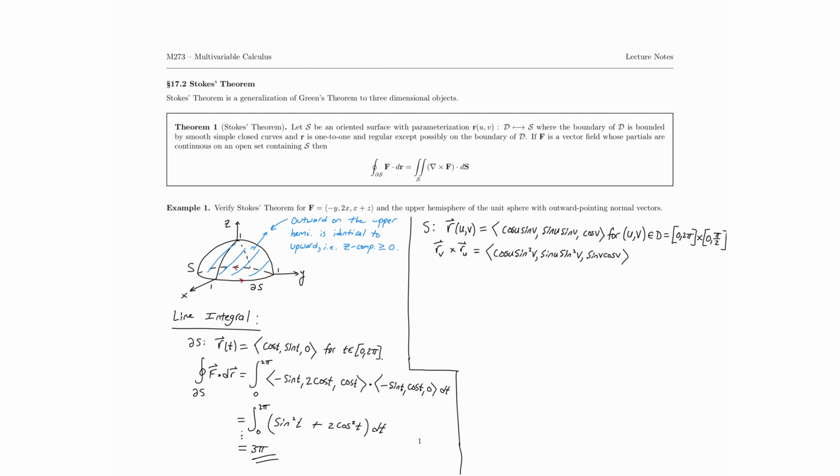Okay? We also need to calculate the curl of F. So the curl of F ends up being 0, negative 1, 3.